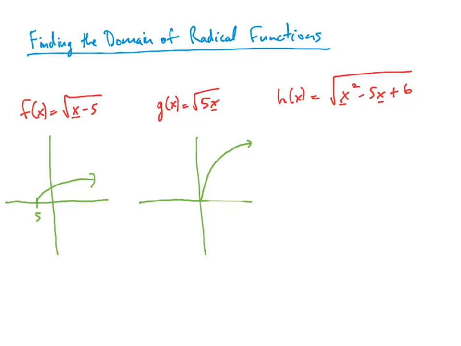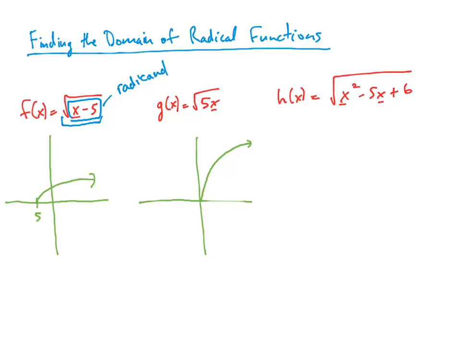H of x is a little more complicated. But the thing we need to remember about each of these is that when we have a radical function, the expression underneath the radical, this is called the radicand, must be equal to 0 or greater than 0. So it must be 0 or a positive value.